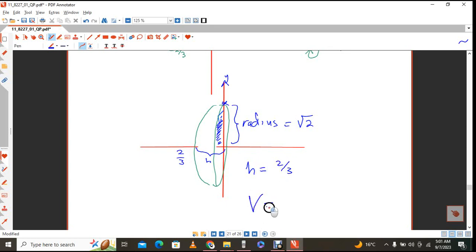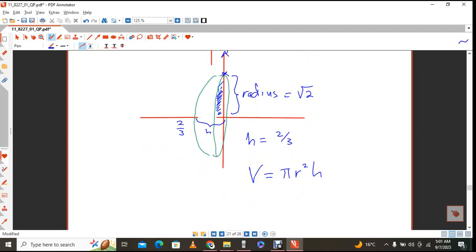And the volume of a cylinder is pi r squared h. If I use this information, because if I turn it around, it becomes like a disk like that. So the volume would be pi, the radius is √2 squared, and the height is nothing but 2/3.